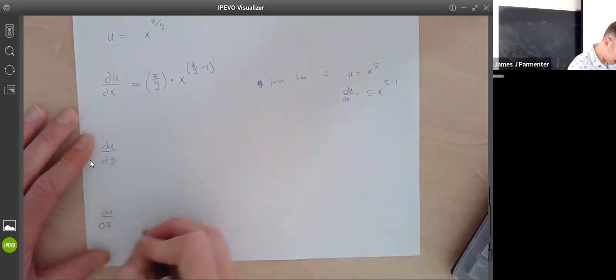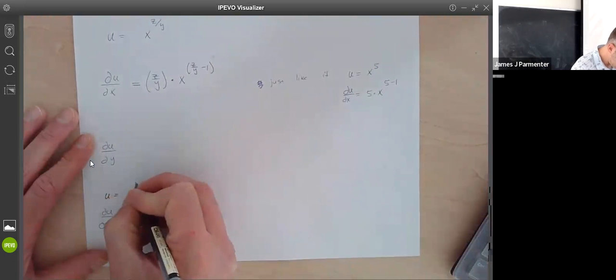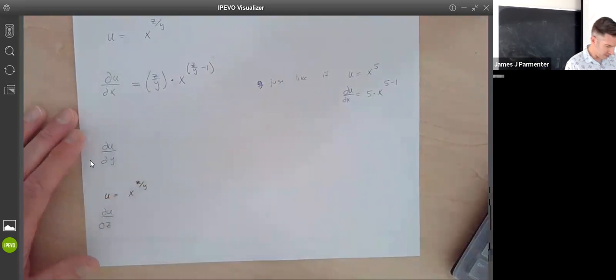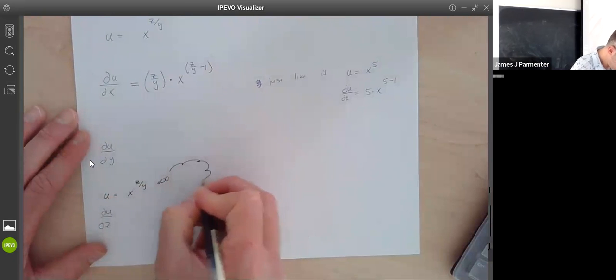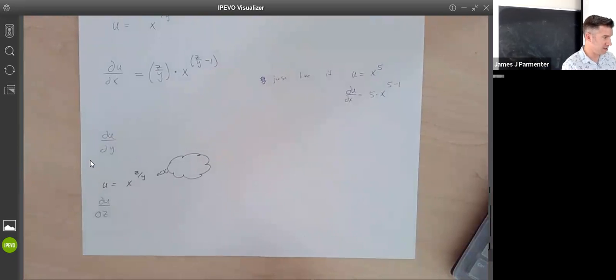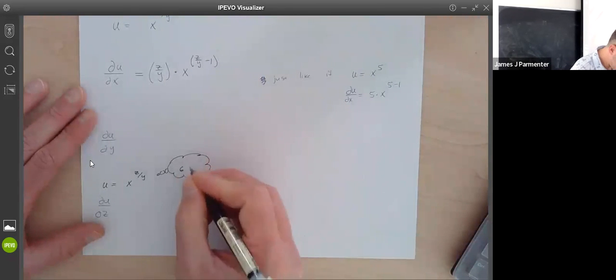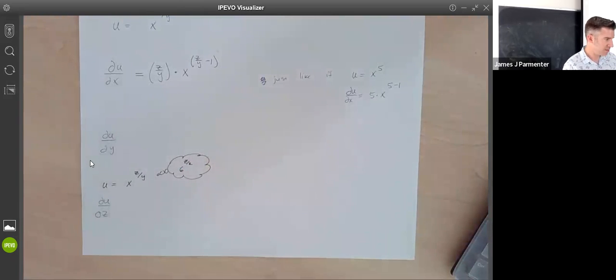When I look at u equals x to the z over y, I'm imagining everything except for z is a constant. So I'm thinking of something like 6 to the z over 2. That's what I'm taking the derivative of.